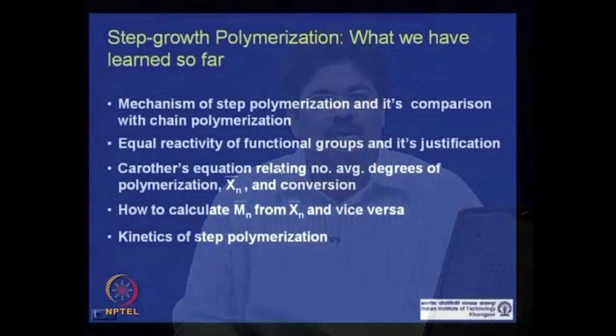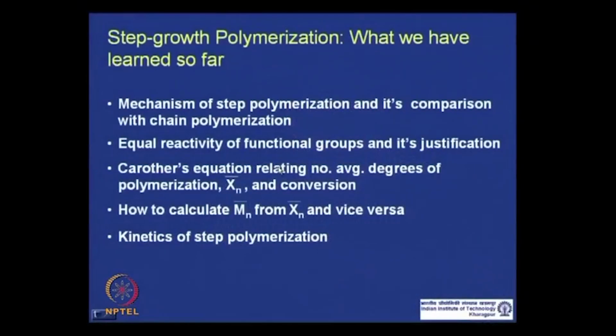and we also learned the effect of equal reactivity of functional groups, and we also understood the justification of why the functional groups of reacting molecules, including the intermediate species, should have the same reactivity irrespective of their size and irrespective of whether the functional group present at the other end is already reacted or not.